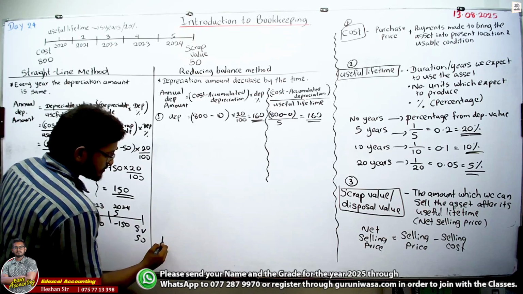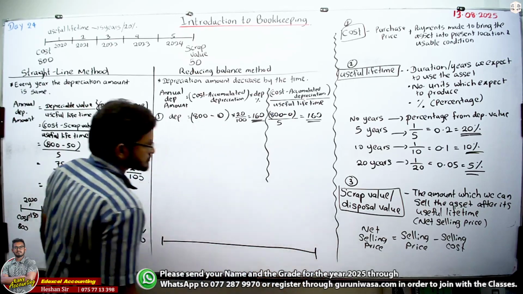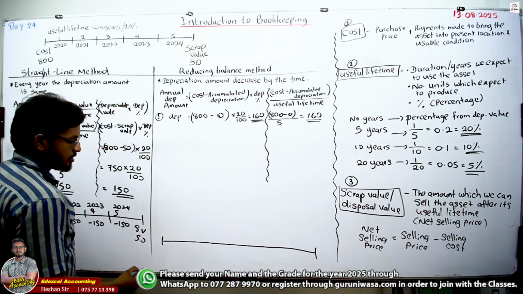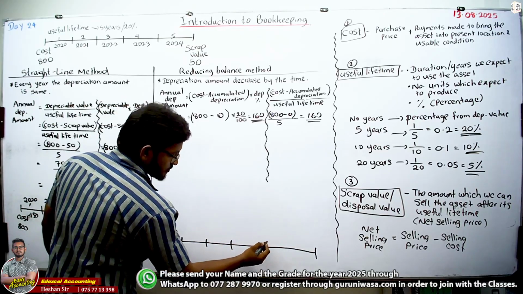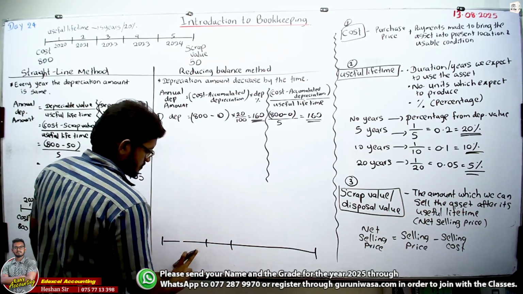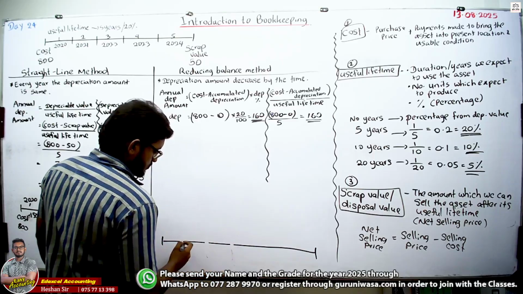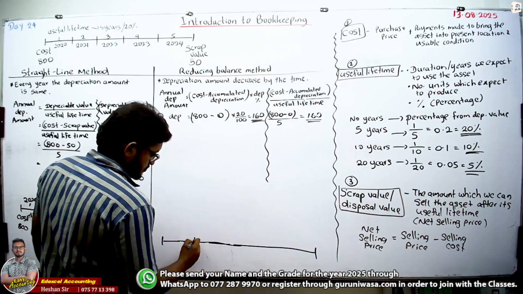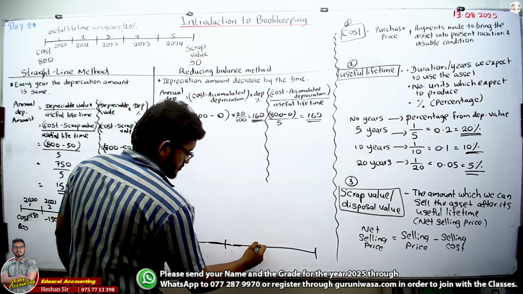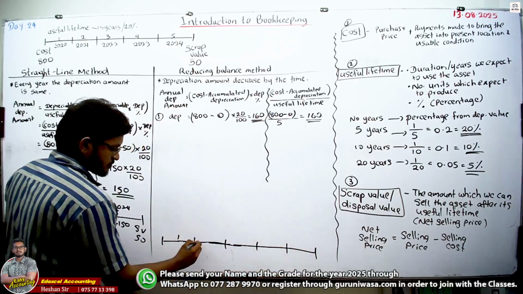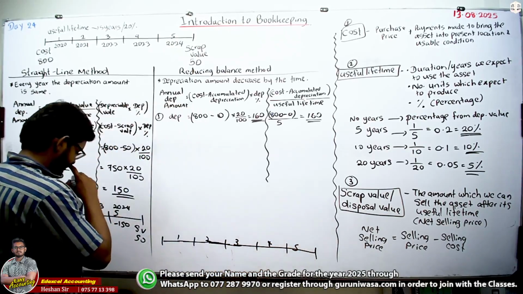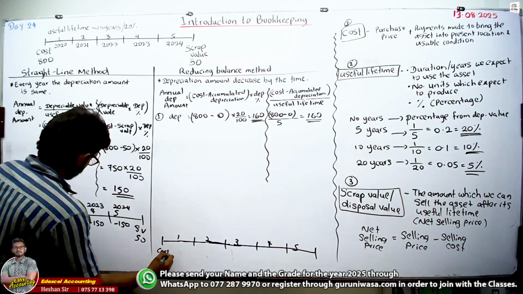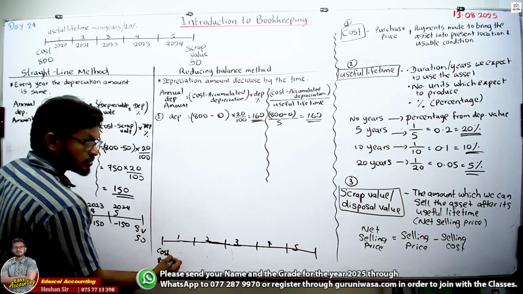If I draw the timeline like this, right? Cost 800,000, right?